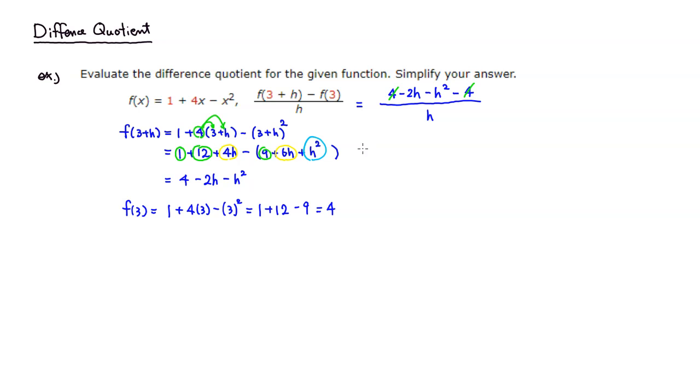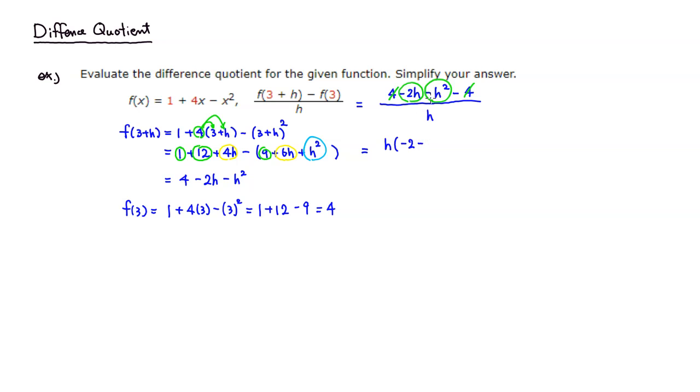And then luckily, you can see that there are 2 terms left over on top. You can see that here's negative 2h and negative h squared. Since both of them have h as a common factor, I'm going to pull h out, right? If you pull h from negative 2h, you're going to have negative 2 left over.